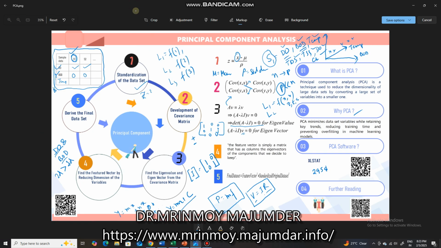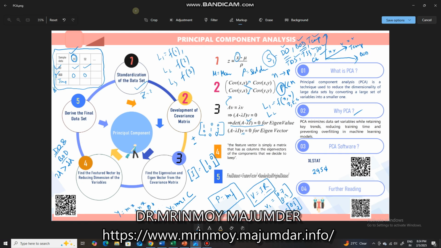Now the fourth step: this will give you the eigenvalue, or lambda, and the eigenvector. As this is a two-dimensional matrix, it will give you something like V1 equals 0.7 and 0.3, and another vector V2, because the data is two-dimensional, which will be 0.3 and 0.7.